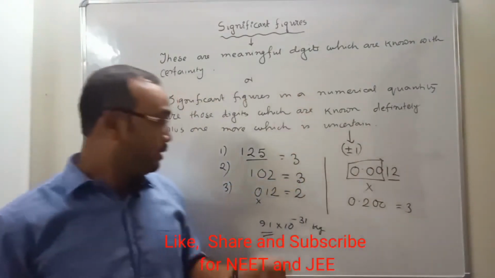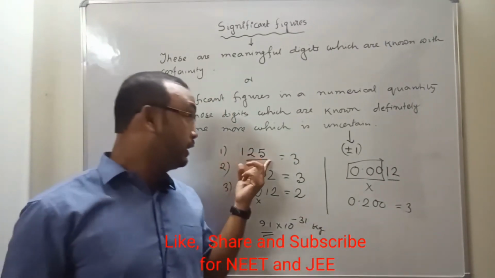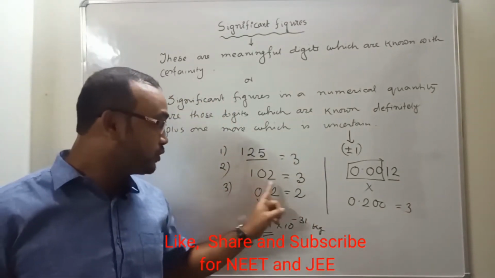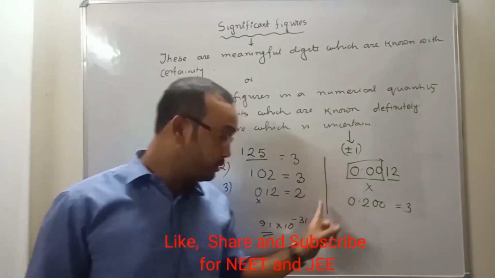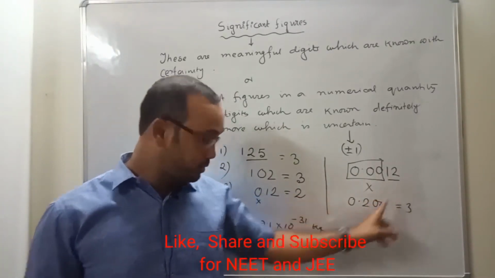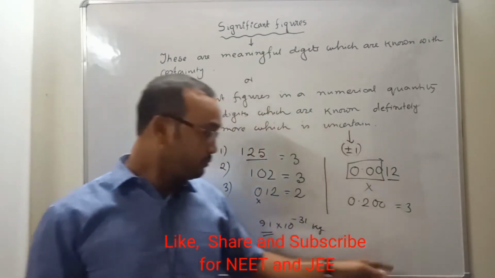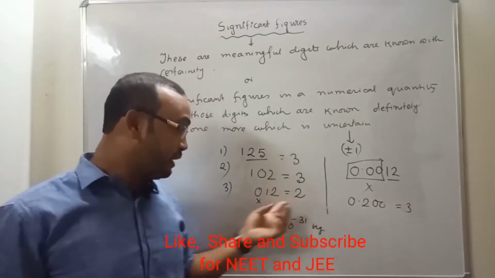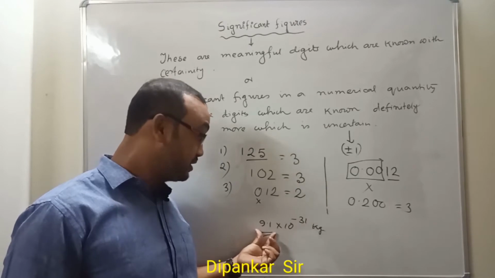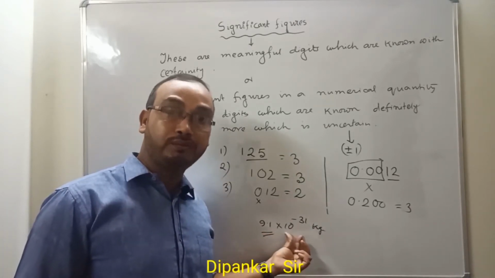Again, I am telling how you will identify the number of significant figures. All the non-zero digits are significant. Zeros between two non-zero digits are significant. Zeros before any non-zero digit are not significant. Zeros after a non-zero digit are significant. In the power and exponent form, the numerical value is significant, not the 10 to the power value.